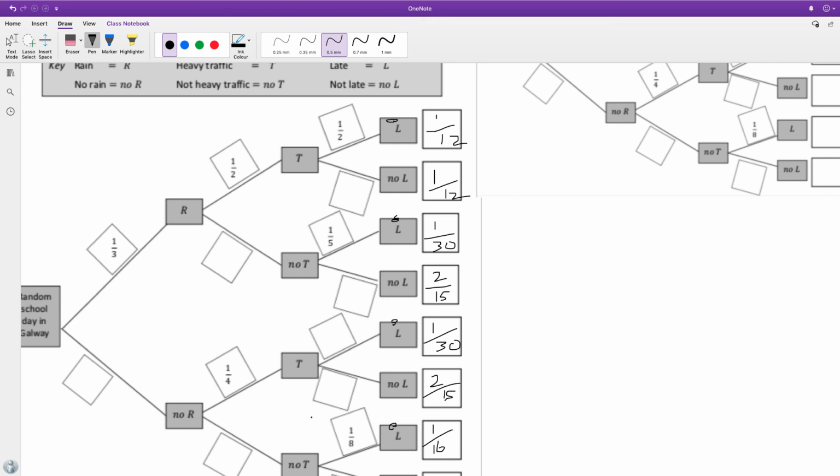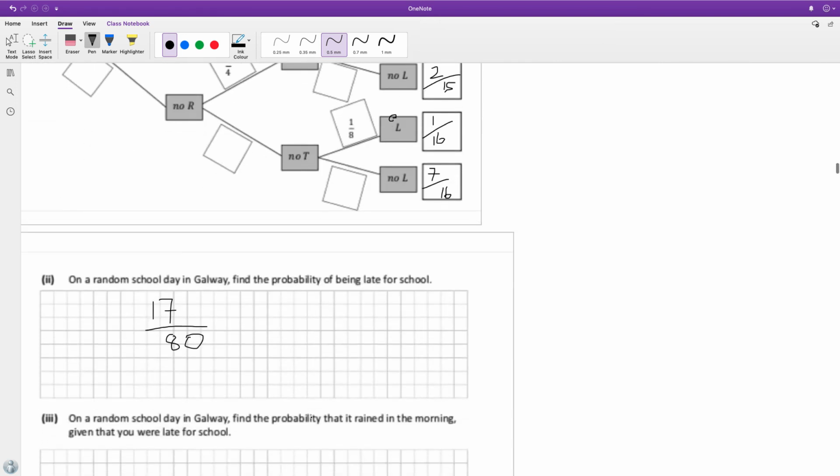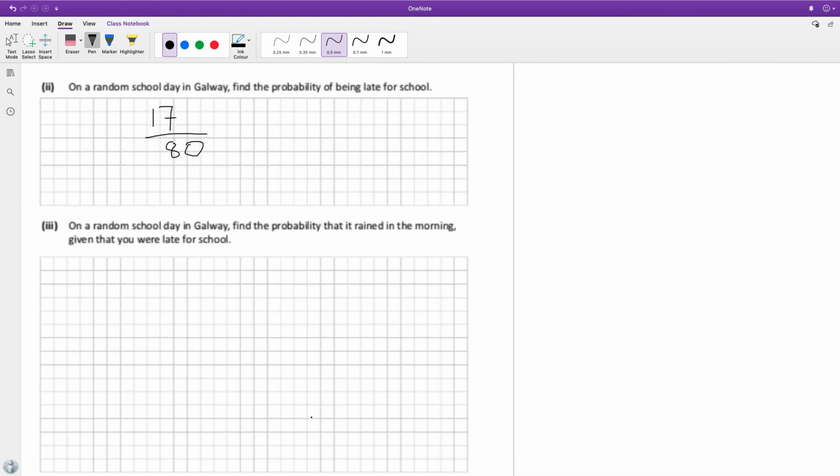Find the probability that it rained in the morning given that you were late. So rain given late. So this is rain, that's being late. So probability of A is rain, and the probability of B is being late. Right, off you go. Try to get those two figures. You want to get the probability of rain given you were late.